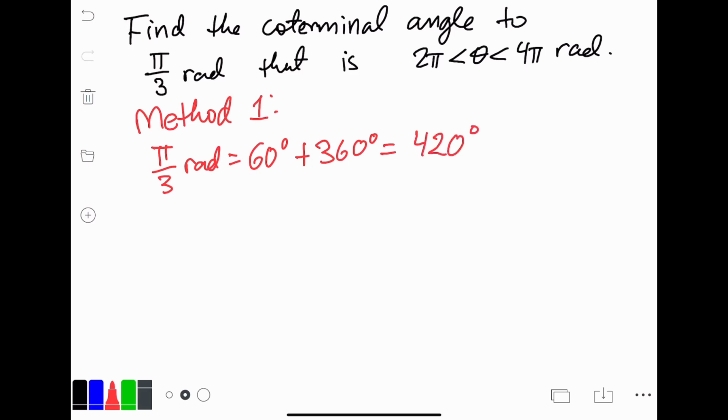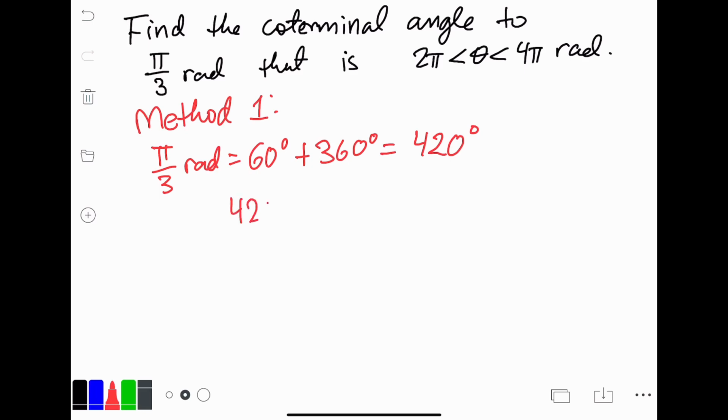That gives me a coterminal angle of 420 degrees. However, when you're given a question in radians, your answer has to be in radians. Yes, you technically found the correct coterminal angle, but you would not get credit because you have to give your final answer in radians. So we have to convert this back.